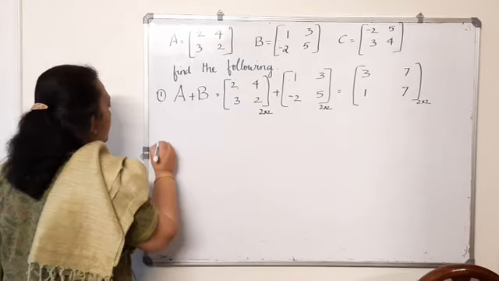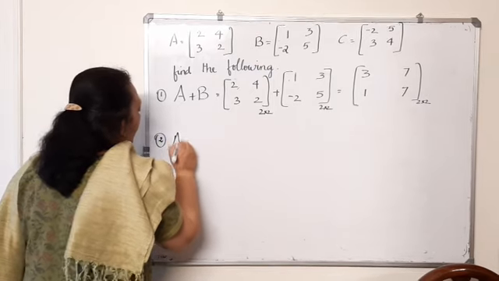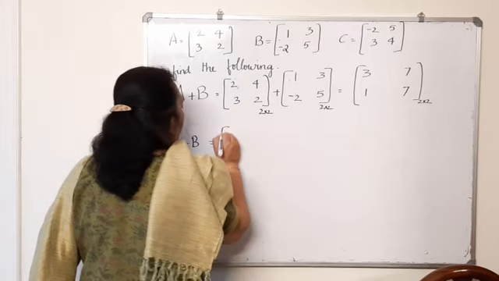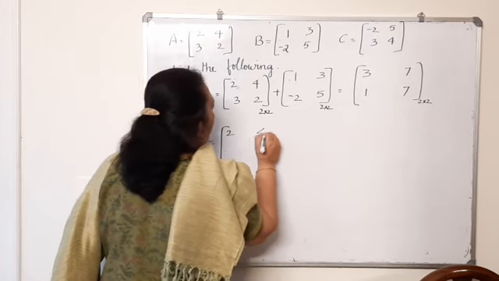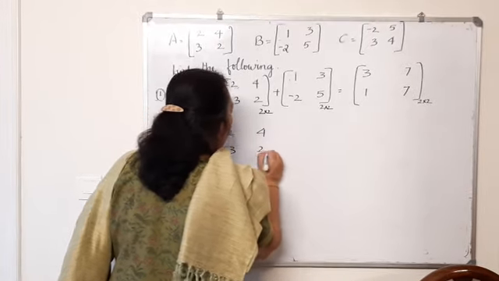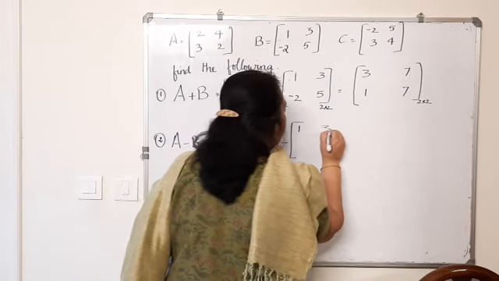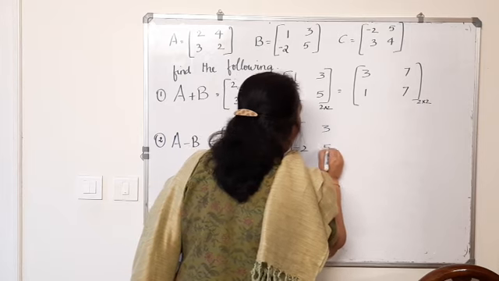Now, next one is A minus B. The same way: [2, 4; 3, 2] minus [1, 3; −2, 5].